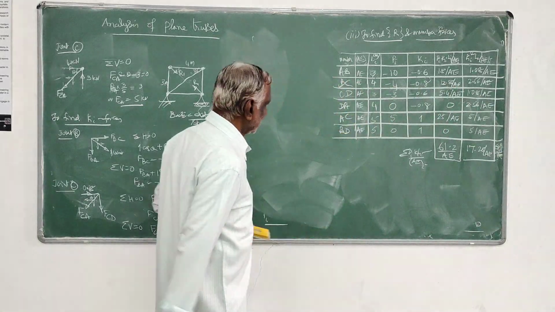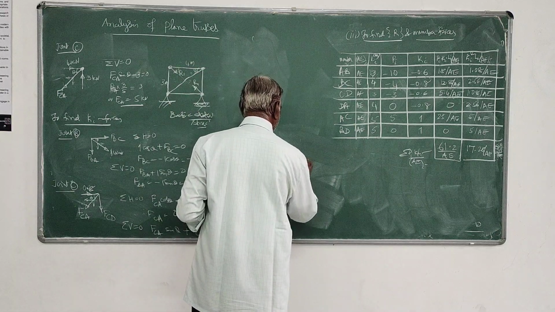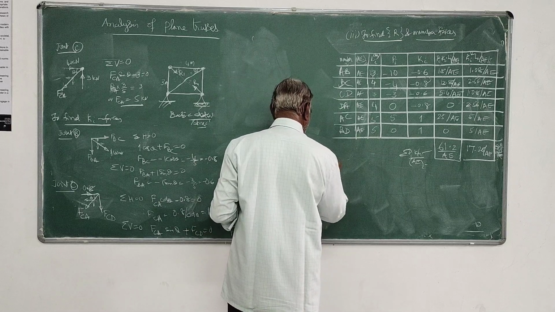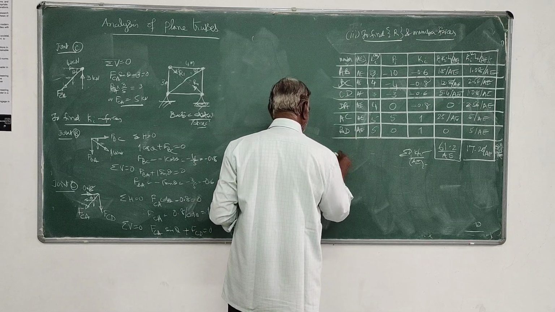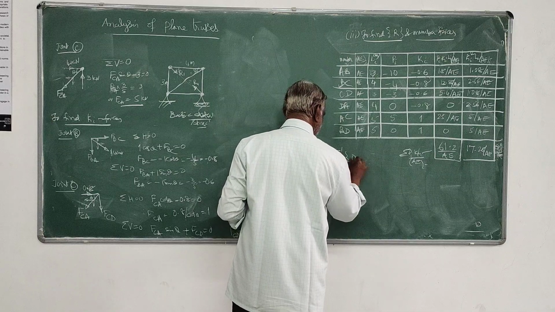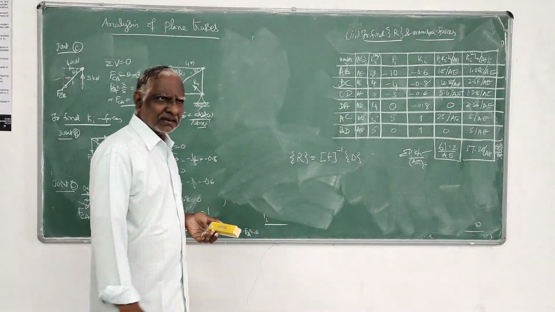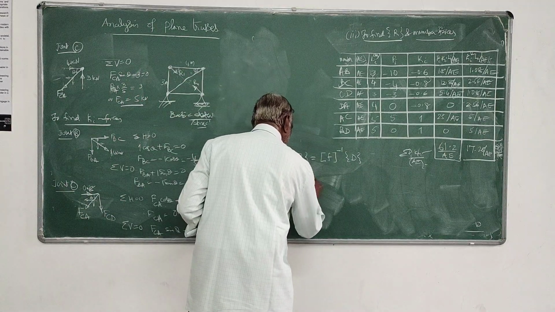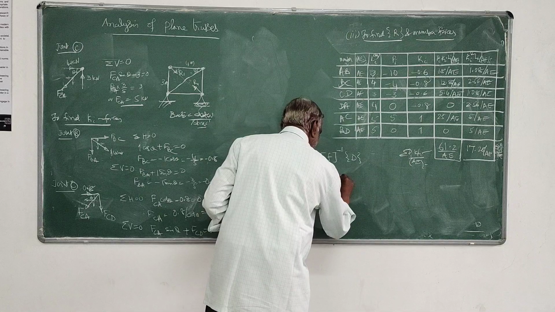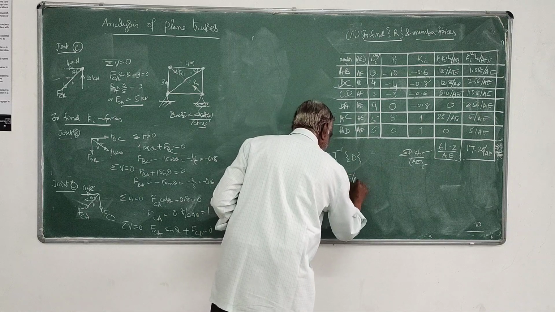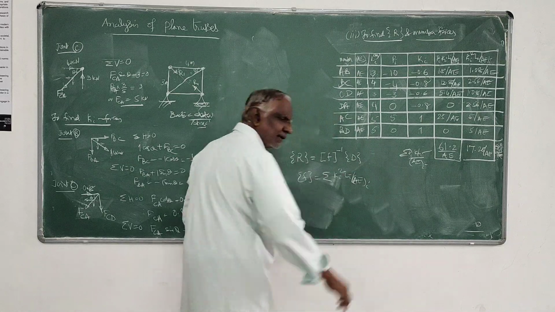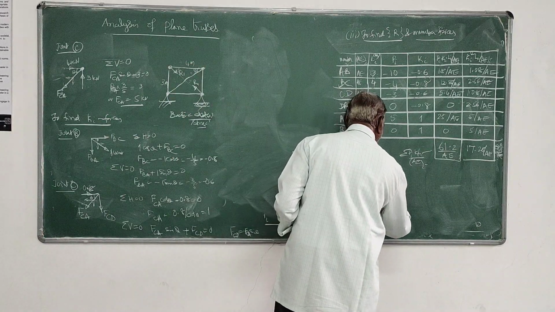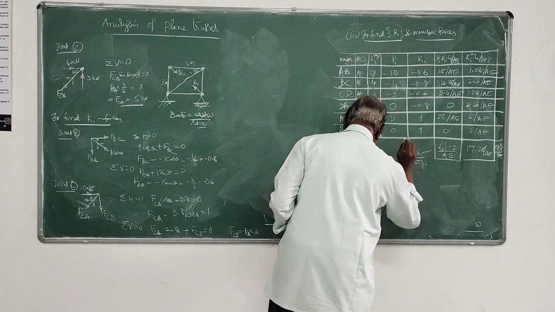Now we use it to find R. So we have R is equal to F inverse D. That I told you in the very first step itself. Here F is nothing but your sigma Ki square Li by Ji, which is 17.28 by Ji.